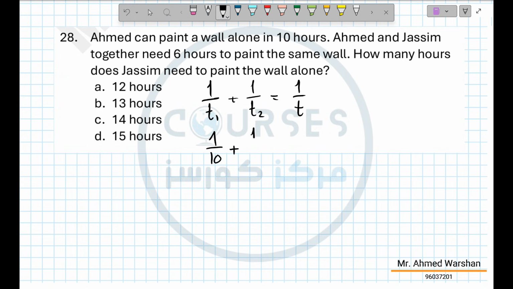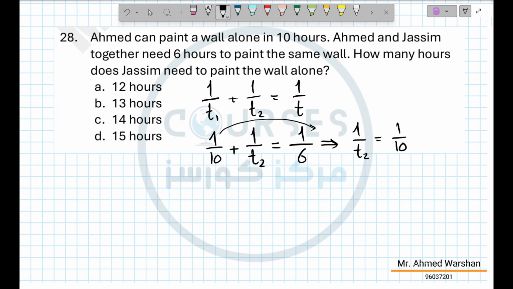And we don't know what Jassim is going to do, so we keep it T2, over their time together, which is 1 over 6.